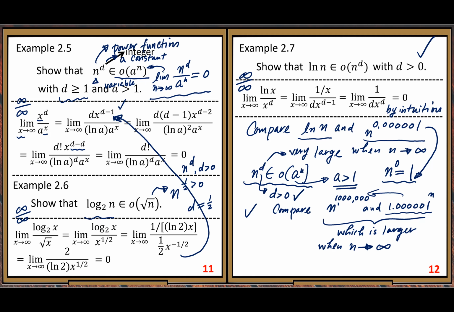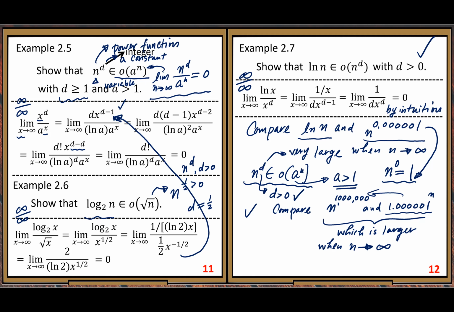How can you use 1 to compete with natural log? We know natural log goes to infinity, right? But your power function, they feel close to 1. How can you compete with natural log, right?